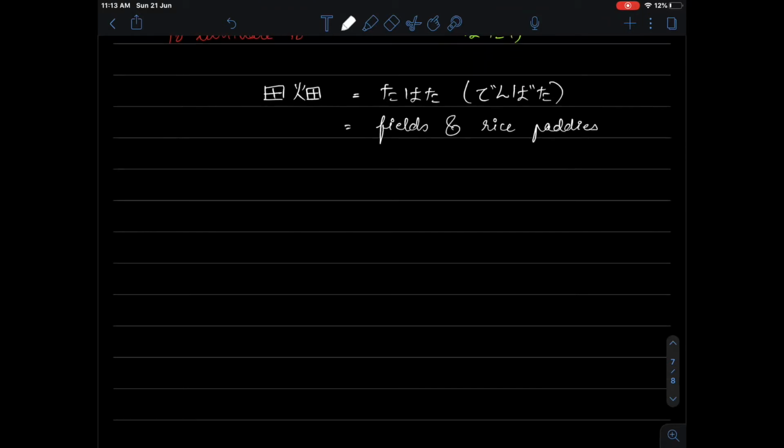Okay, let's have a look at the next word.